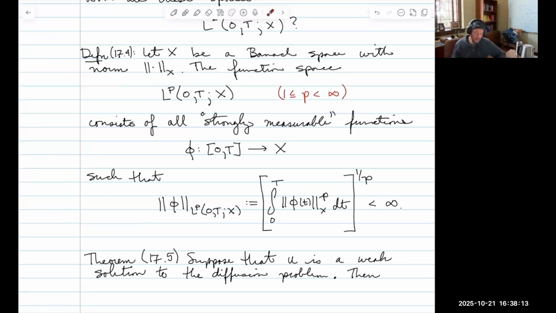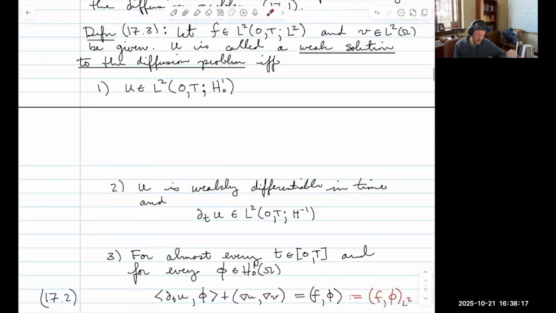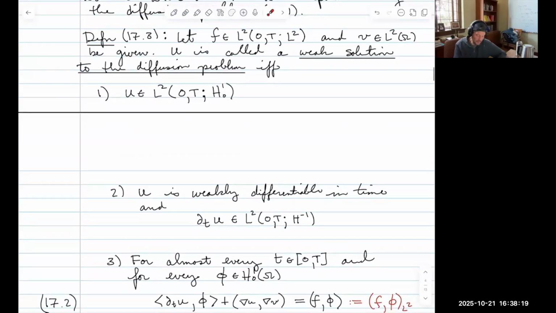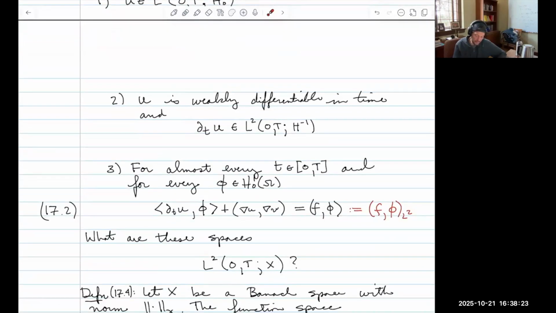Oh, I forgot to say, what did we miss with this definition? I forgot to put in the initial condition. I captured the boundary condition because the boundary condition is wrapped up in the definition of the solution space itself.